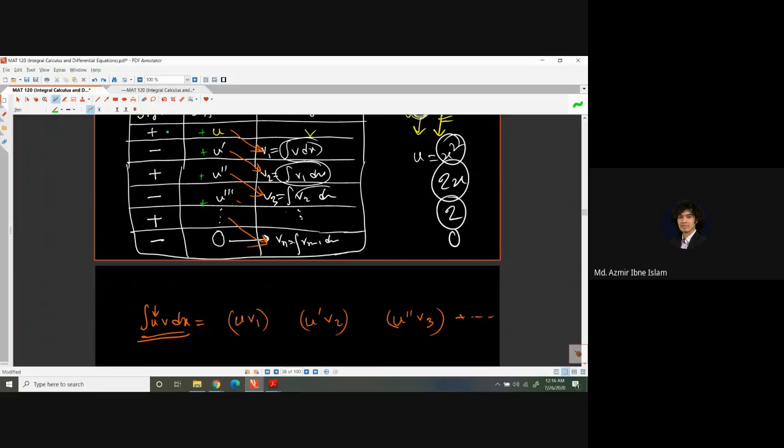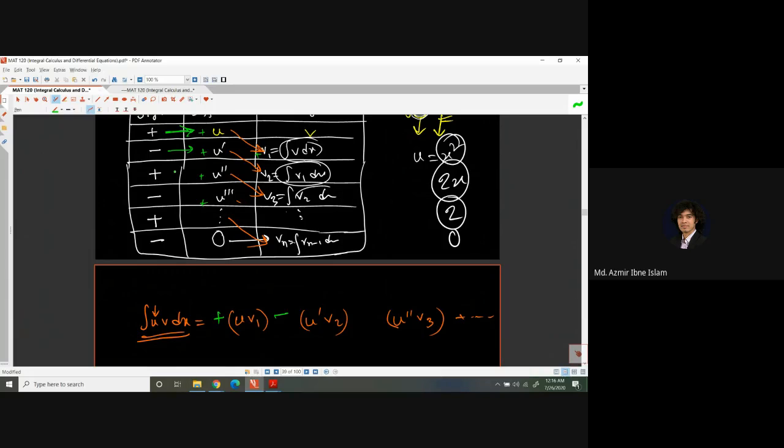So how can we figure it out? For the first term, we come this way. Here you can see plus, plus, plus, plus, plus. For the second term, u prime v2, we can come this way: minus, plus, minus, minus, plus, minus.